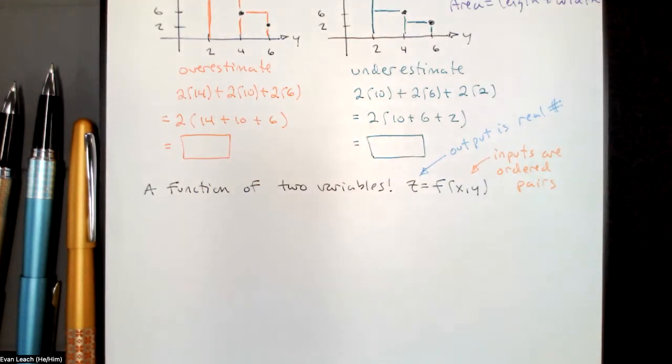We're taking inputs as ordered pairs and outputs as real numbers.